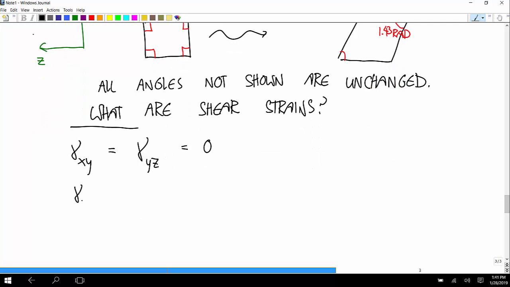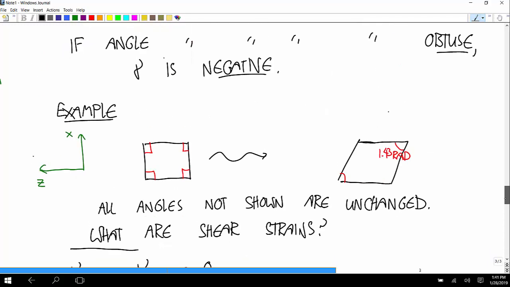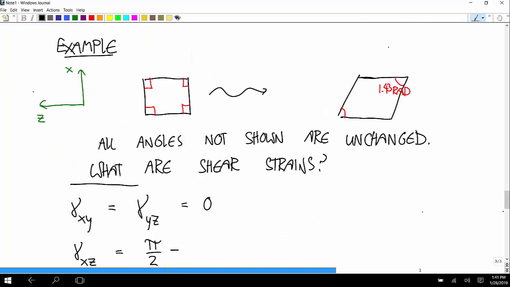Now gamma XZ is equal to pi over 2 minus the angle between the positive faces. So we have to look at this picture and figure out what's the angle that matters to us. We're given this angle, so your first thought is to use that, but that's the positive x face and the negative z face. So we don't want to use that one. We want to use this one.